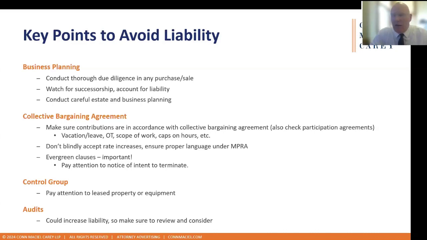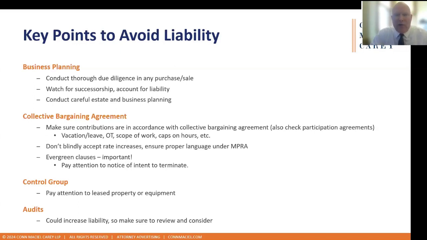But if you're going to negotiate out, and you have the idea that you're going to negotiate out of an agreement, or even if you don't, there's usually a term commitment at the end of the CBA. It's usually like the last article, and it'll say this CBA is effective from X date through Y date.